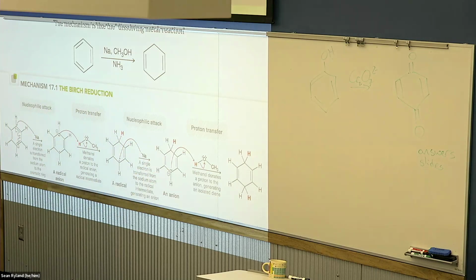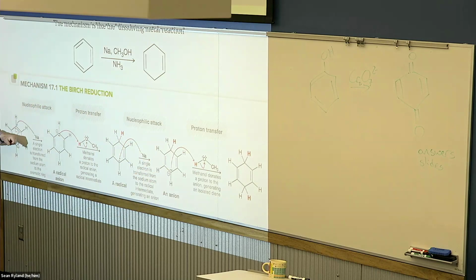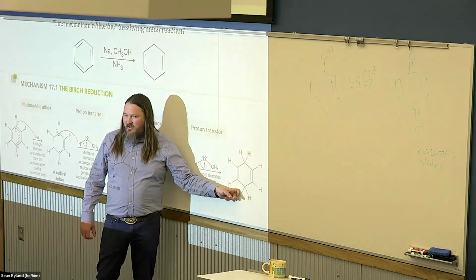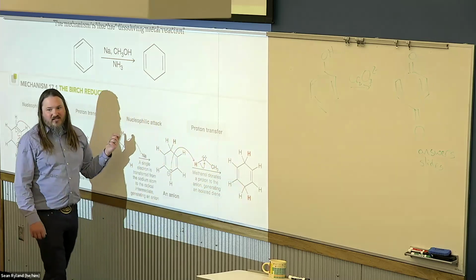So I don't have a good answer for that one. We're pretty certain that this is how it happens because it's similar to the dissolving metal reaction. It's pretty well studied as well. And it makes sense up until the point where I don't know why we only get one of these, especially when conjugated dienes are typically more stable than isolated dienes.